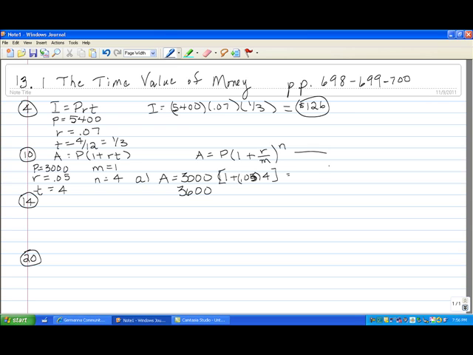Okay, let's go to the second formula. I'm using that one here. Okay, so in part B, A equals 3,000 times 1 plus, and we're going to take our rate, 0.05, and divide it by 1, so that's going to be 0.05 raised to the 4th power. So I'm going to take 1 plus 0.05, so that's going to be 1.05 raised to the fourth equals, and then times the 3,000.